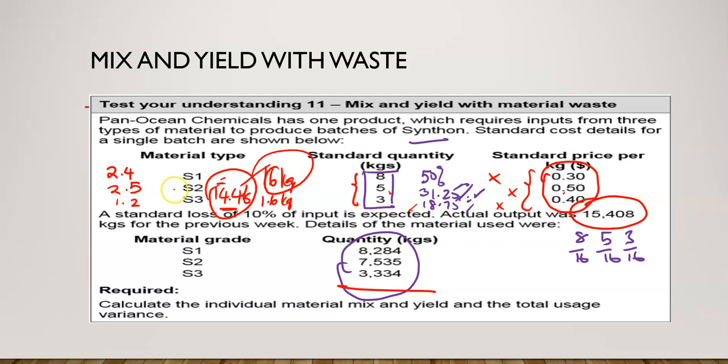So yes, what we have here is a total cost of 2.4 plus 2.5 is 4.9, plus 1.2 is £6.10. So ultimately, for every 14.4 kilograms, we have a cost of £6.10.